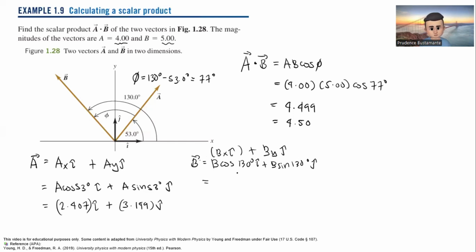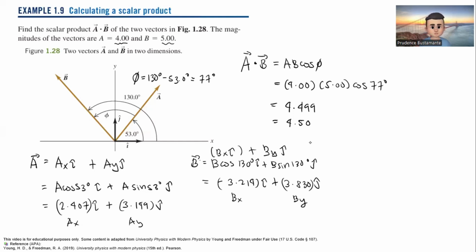The z component is 0, where this is equal to, the x component is negative 3.214 i hat plus 3.830 j hat. This is my Ax, this is my Ay, this is my Bx, and this is my By.